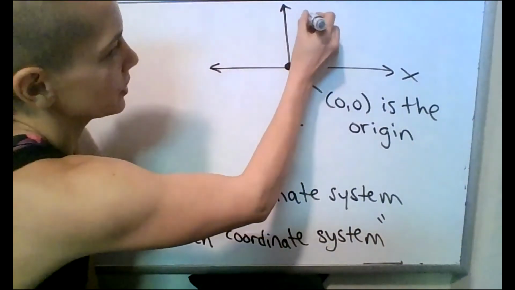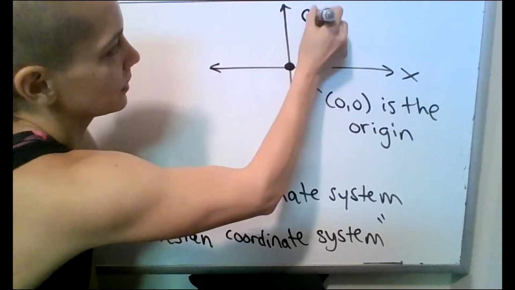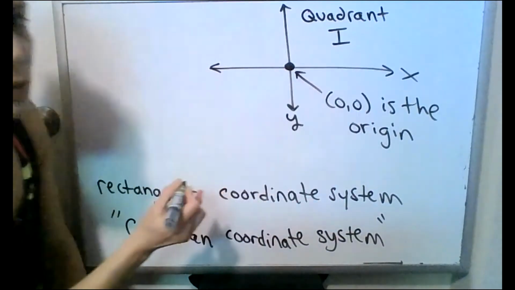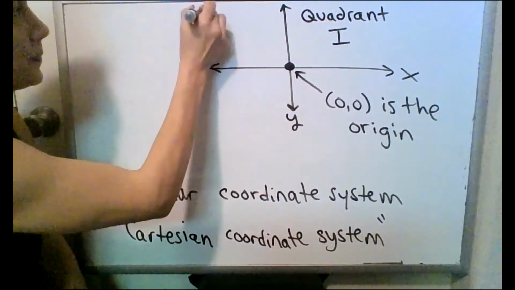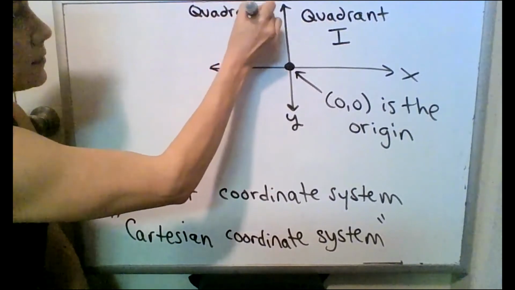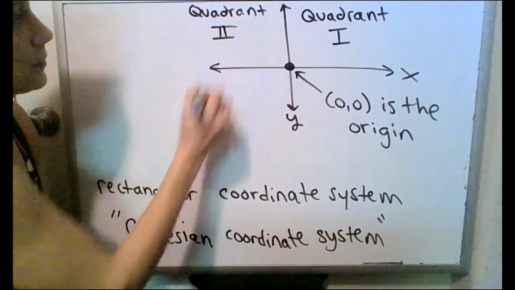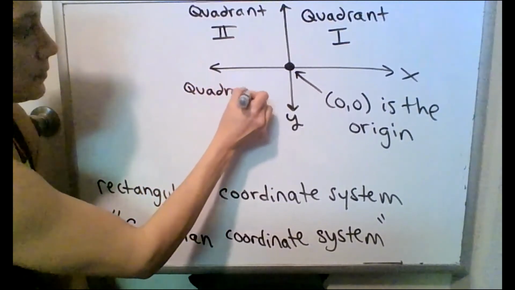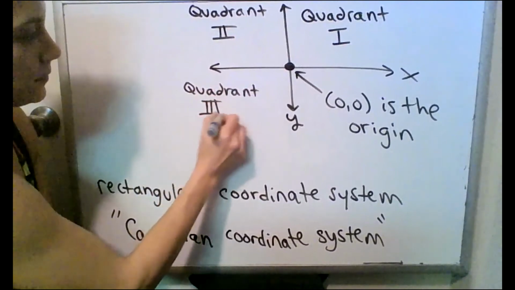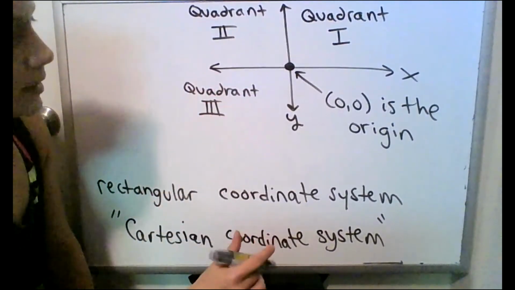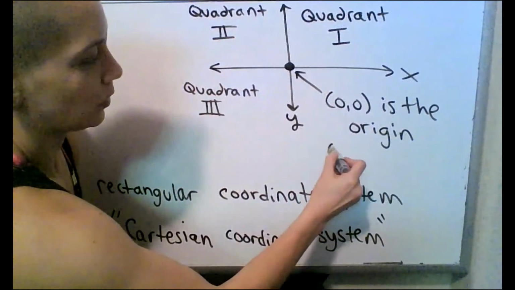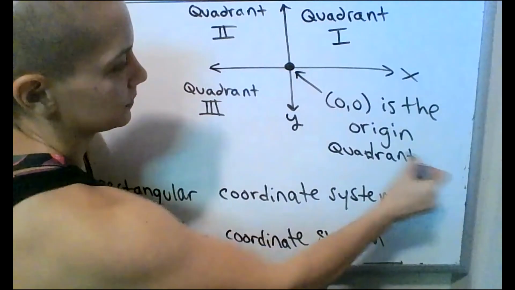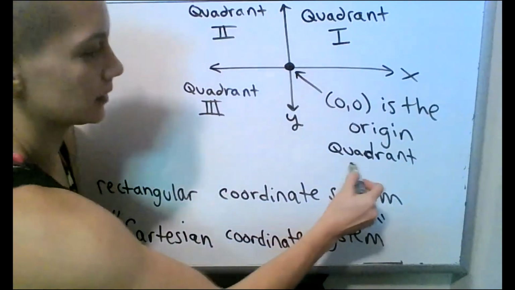So you may see it in the future, like quadrant 1, Roman numerals, quadrant 2, quadrant 3, this over here is quadrant 4.